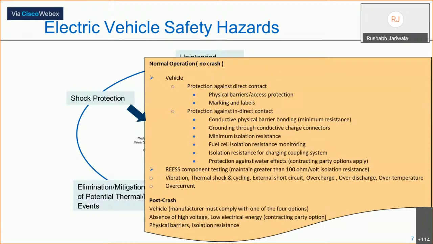So that's something. And then protection against indirect contact: this is how to maintain the isolation resistance, and some other things. Plus, one more important thing is how to place the HV battery compartment.